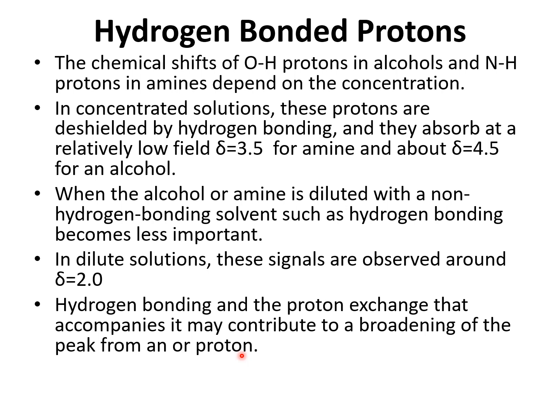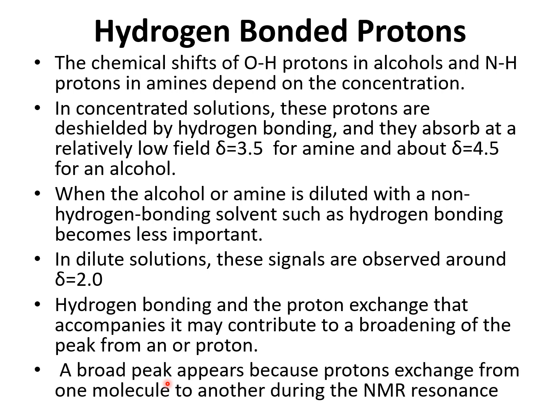So generally the signal for alcohol or for amines is broad due to hydrogen bonding as well as proton exchange. A broad peak appears because of proton exchange from one molecule to another during the NMR resonance.